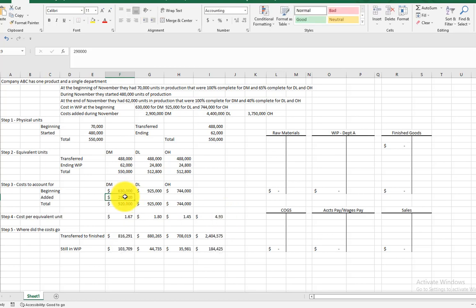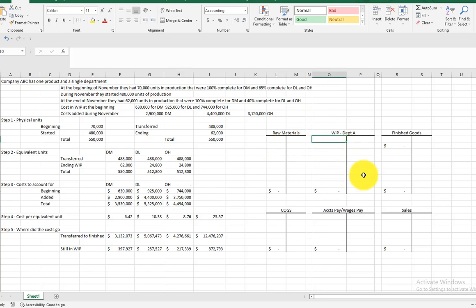Whoops. We need another zero there. 2.9 million added, 4.4 million for direct labor and 3 million for overhead.